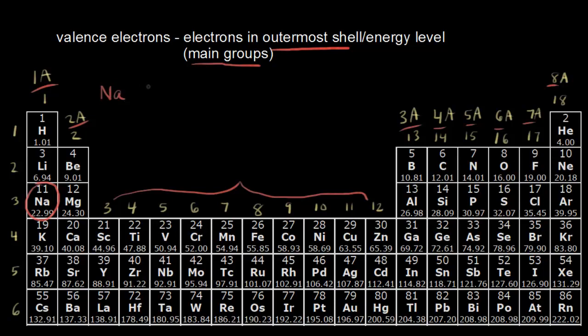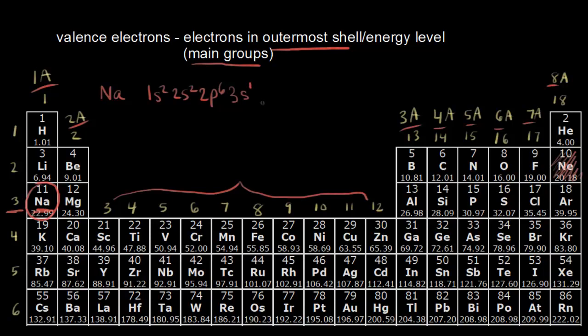You would say it is 1s2, 2s2, 2p6, and that takes you all the way over to neon. Then that brings you to the third period, or the third energy level, and you have one more electron to worry about, and that electron would go into a 3s orbital. So the full electron configuration is 1s2, 2s2, 2p6, and 3s1.